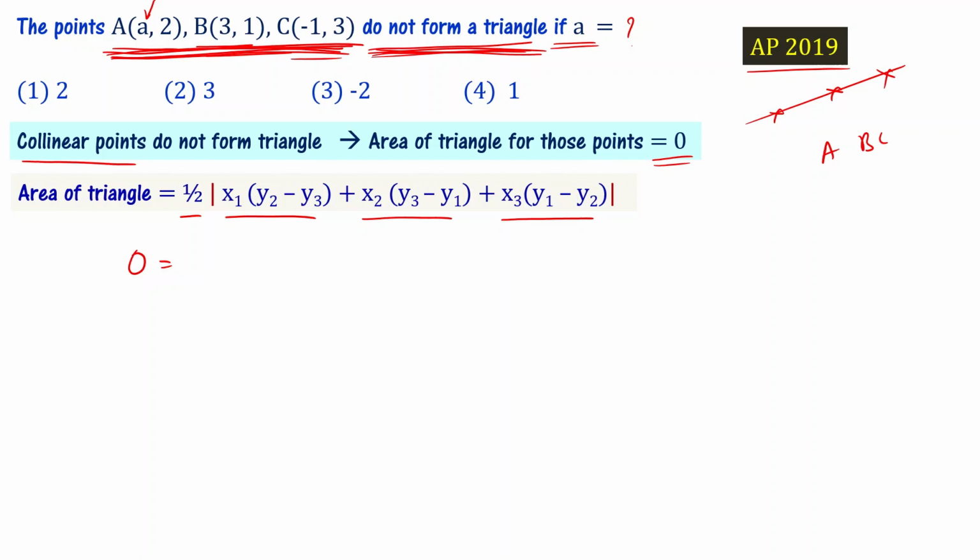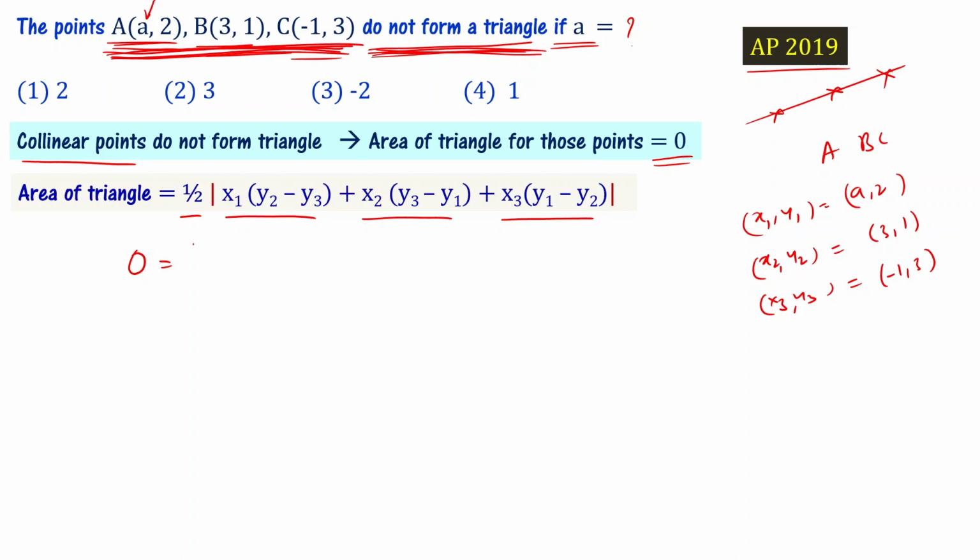So let's write what are the values of x1 comma y1, x2 comma y2 and x3 comma y3. Let me say that x1 comma y1 is a comma 2, x2 comma y2 is 3 comma 1 and x3 comma y3 is minus 1 comma 3.